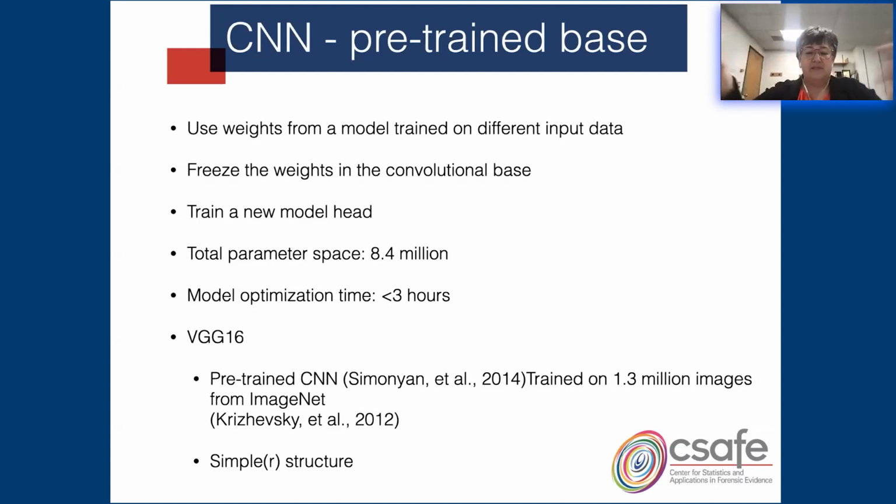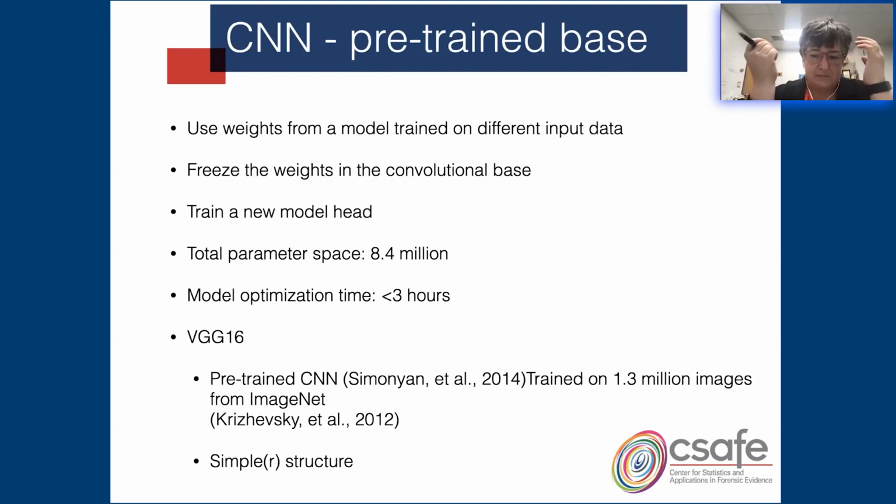So we're switching out the base of the convolutional network by this pre-trained model VGG16. And what that means is we need to fit only the 8 million parameters from the model head. And the nice thing is that can be done in about 3 hours.